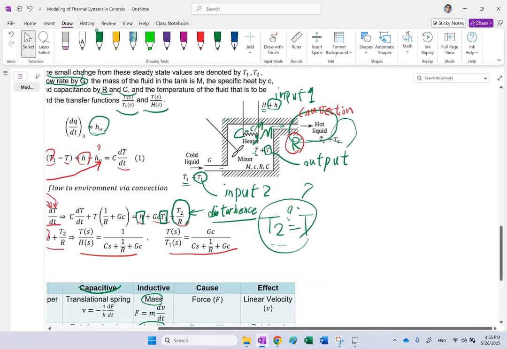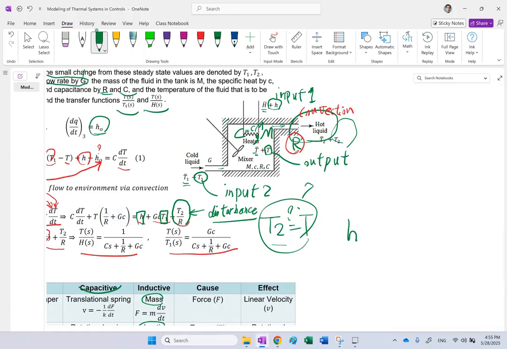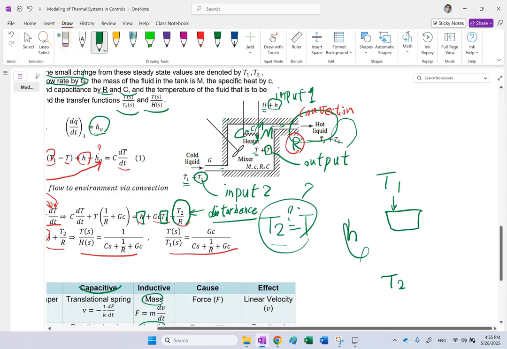Okay, in that case, if I want to model this as a block diagram, I can say that H is coming from this way, T1 is coming from this way, and T2 is coming from this way, and each one of them has its own transfer function.